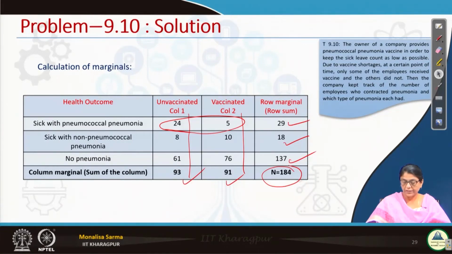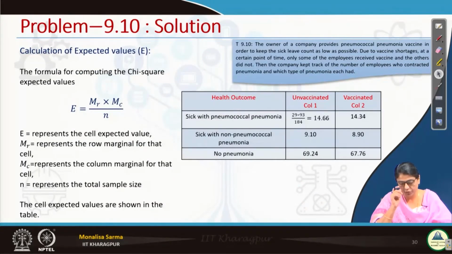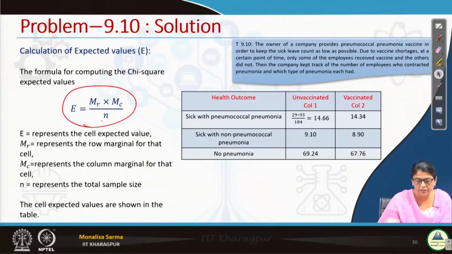So, how do we find out the expected value? If there is no effect of the vaccine or no vaccine, what value are we expecting, that people will be contracting a particular type of pneumonia or will not be contracting? To find out the expected value for each cell, this is the formula: row marginal into column marginal divided by the total number of values.